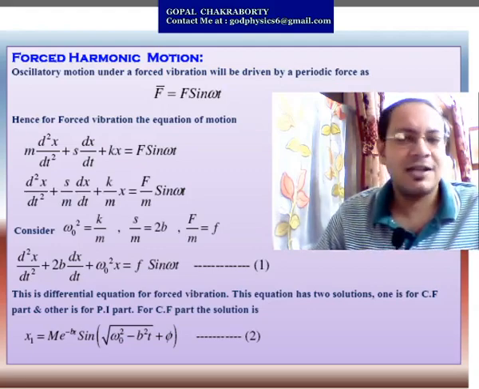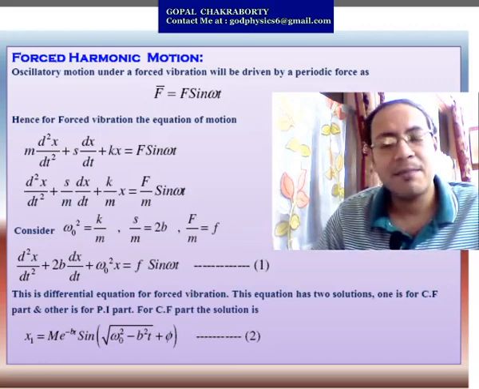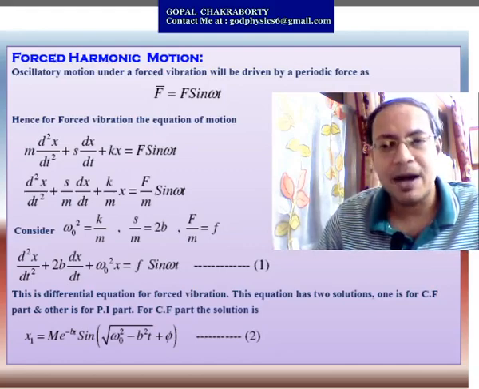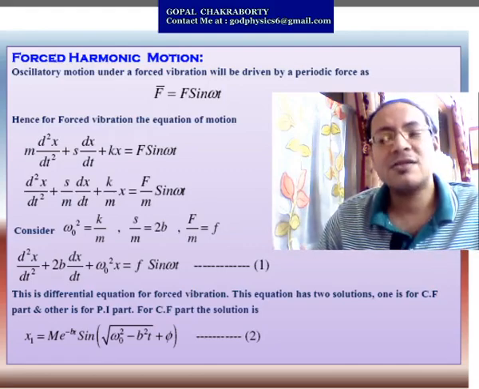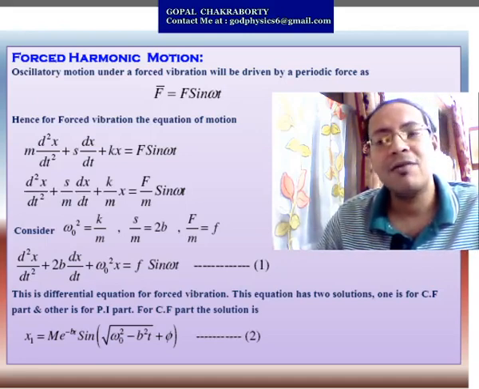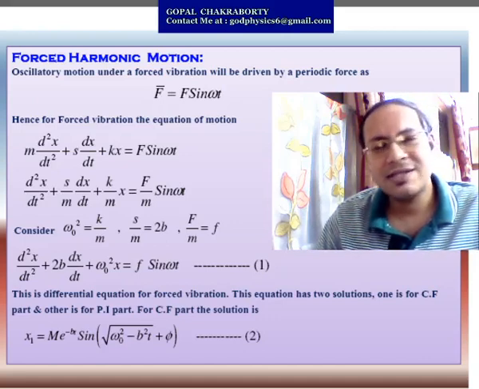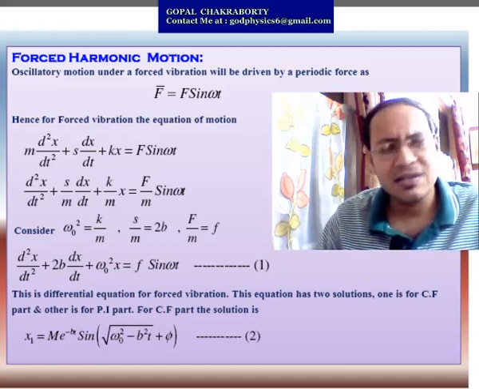This differential equation, equation number 1, has two parts of solution: one is the CF part, another is the PI part. For the CF part the solution is very simple. Hopefully you know the procedure: you just equate the right hand side to 0.